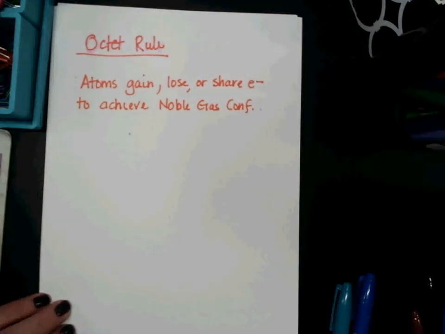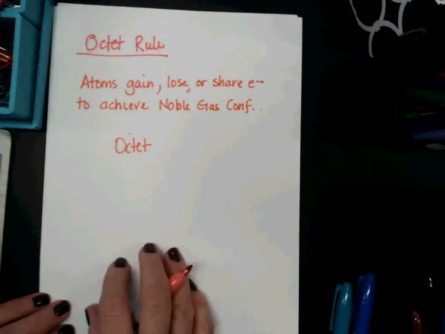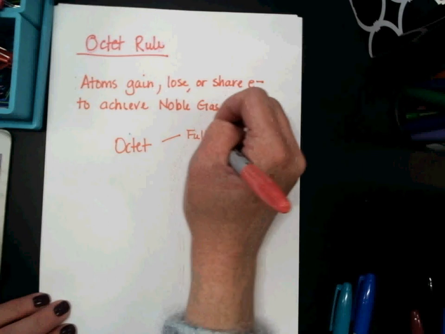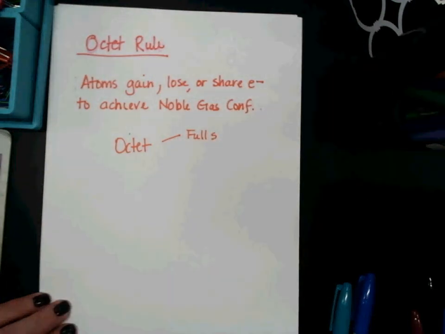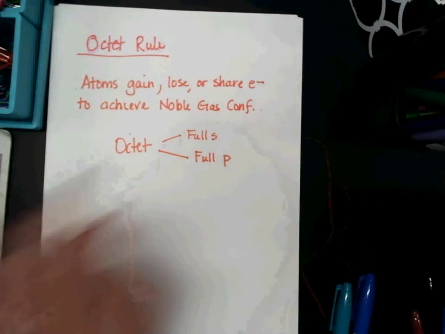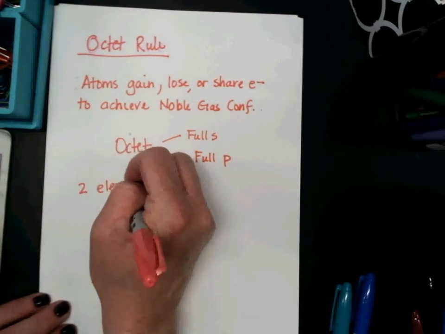A shorter way to say it. So basically that's their goal. If I have an octet in my valence shell, then I have a full S sublevel, and I have a full P sublevel.